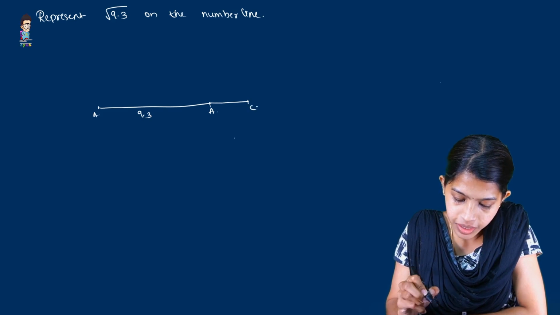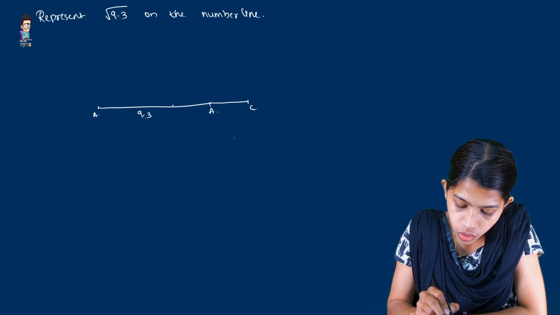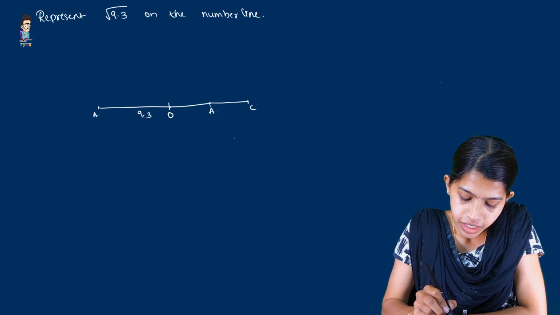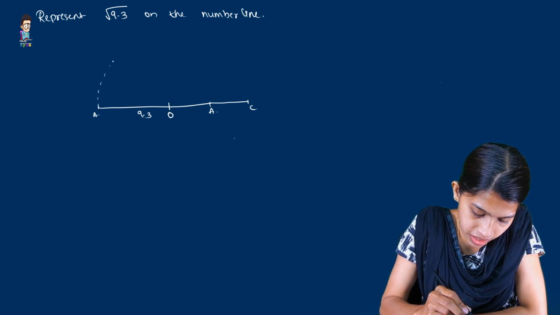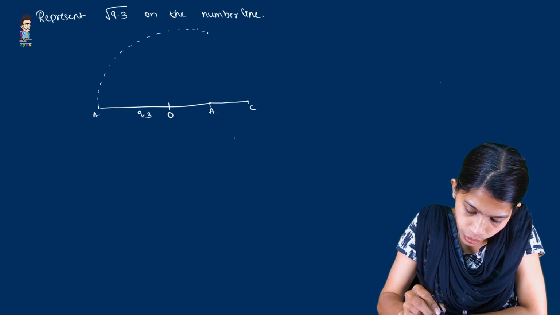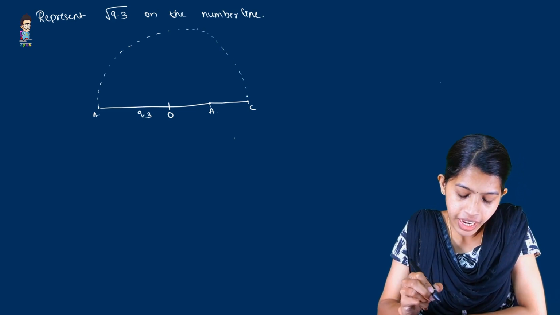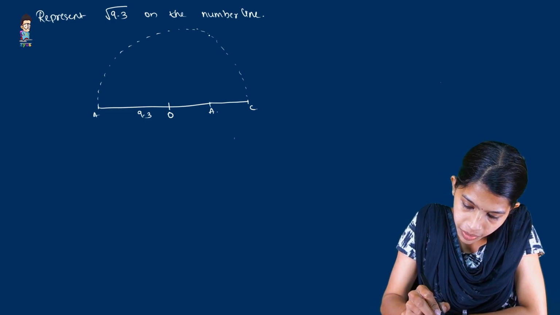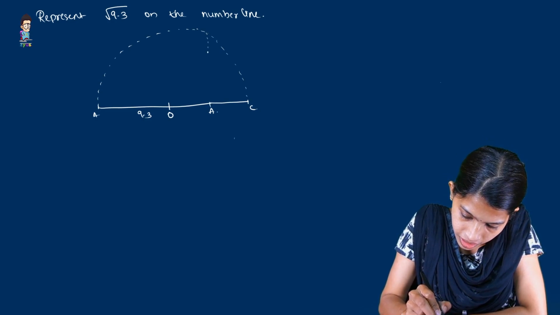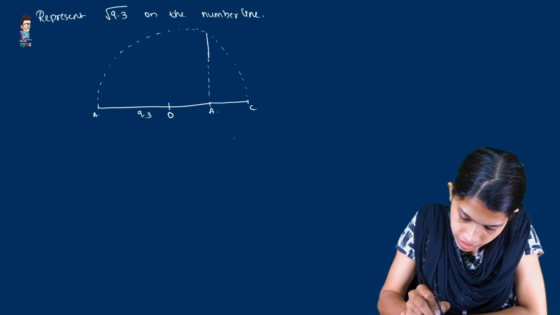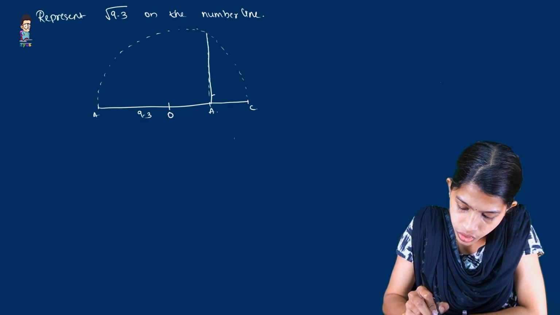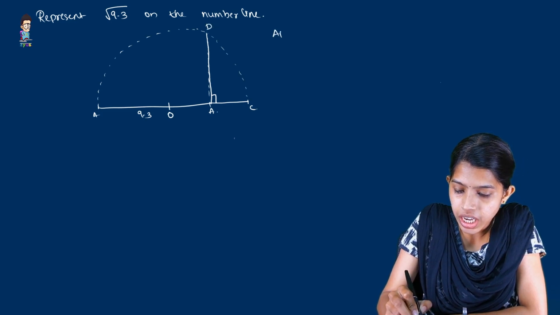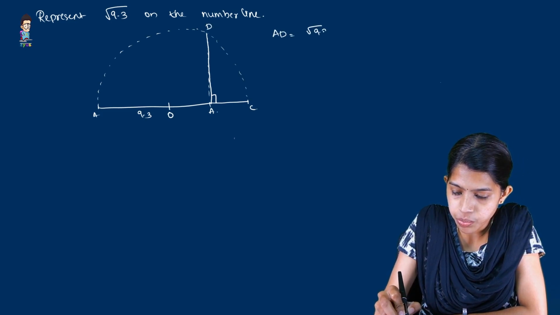Suppose this point is C. Now, we will find the midpoint O here and construct a semicircle with center O and radius OA. Now, consider the perpendicular from A to the semicircle like this. Suppose this point is D. Now, AD will be root 9.3.